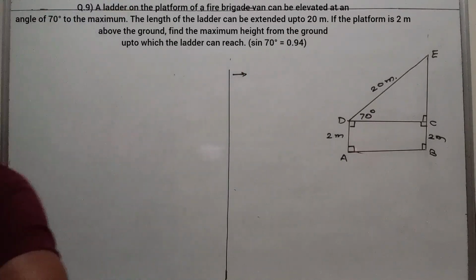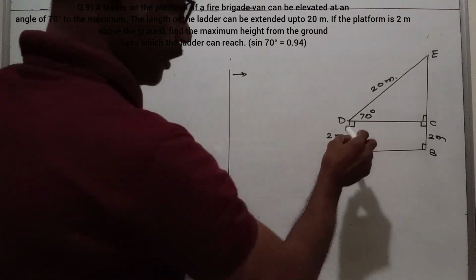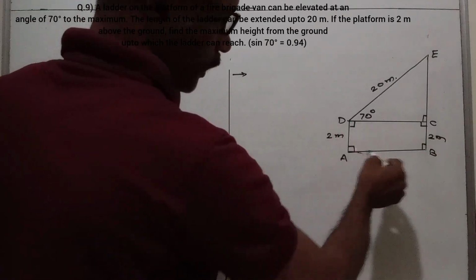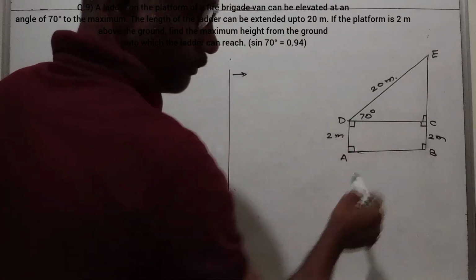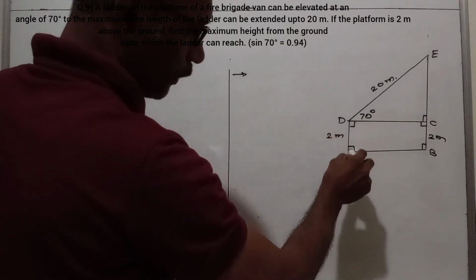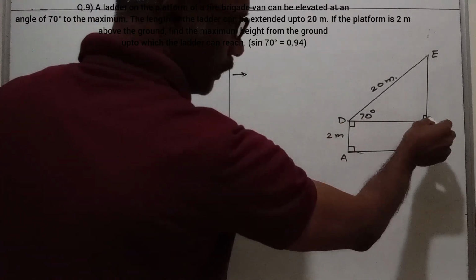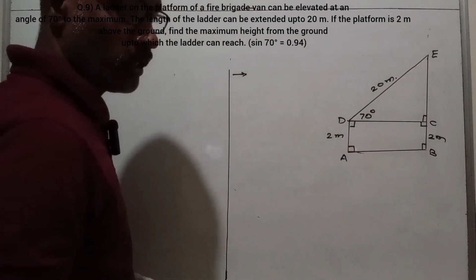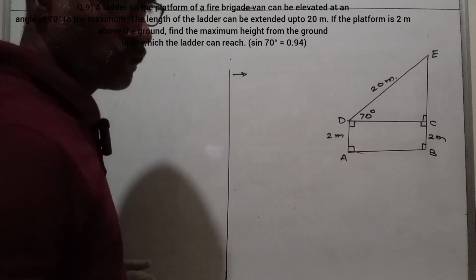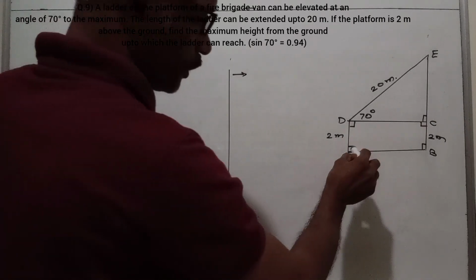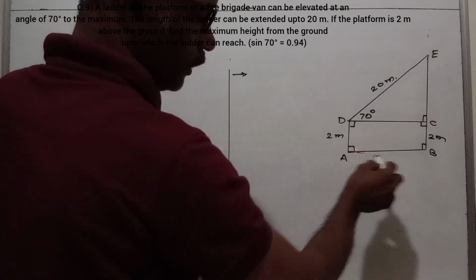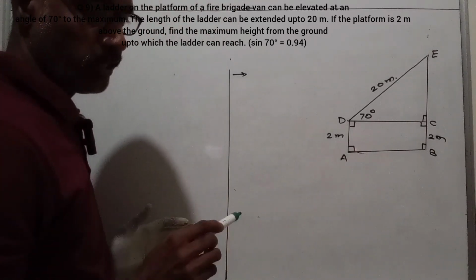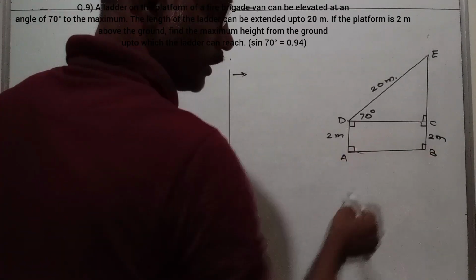First we write here, see this carefully. Now here, DA and total EB are perpendicular to the ground. Therefore angle A and angle B are 90 degree each.